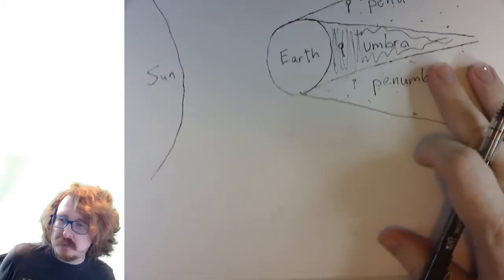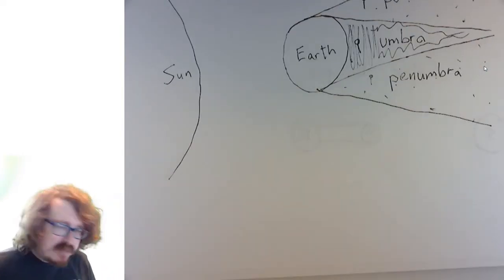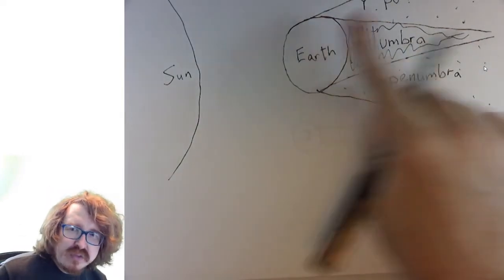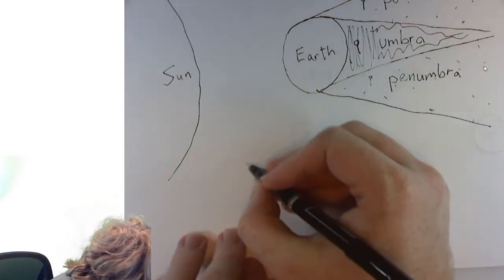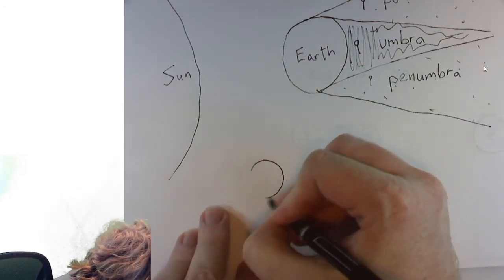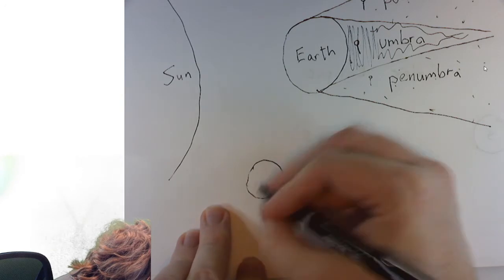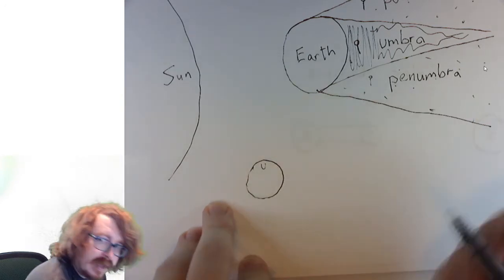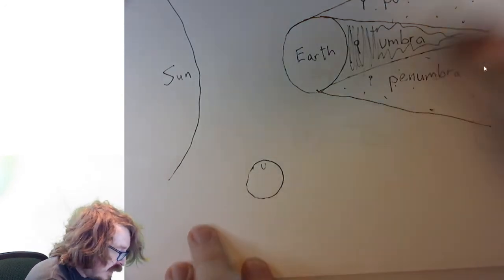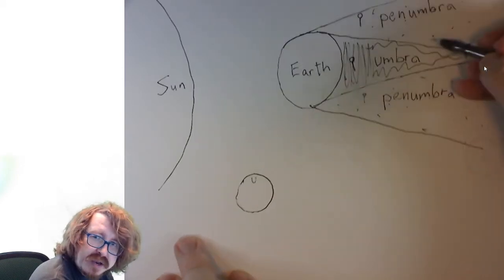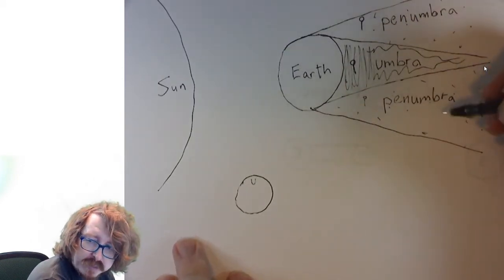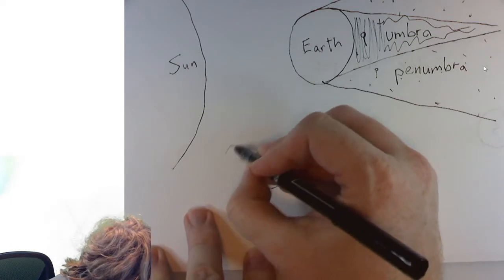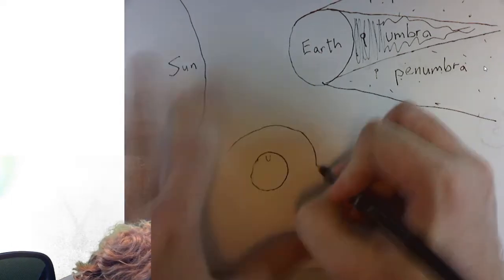It would be a circle, right? That's correct. Because the Earth is round, the umbra would be a dark circle on a sheet of paper, okay? And the penumbra, because it goes all the way around the umbra, would just be a bigger, less dark circle.